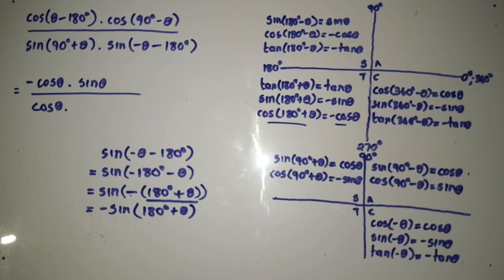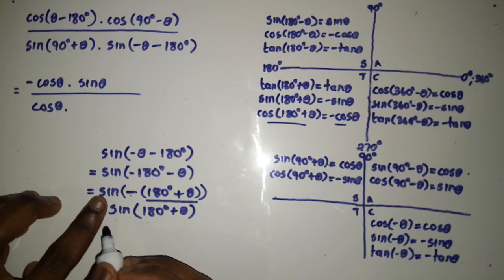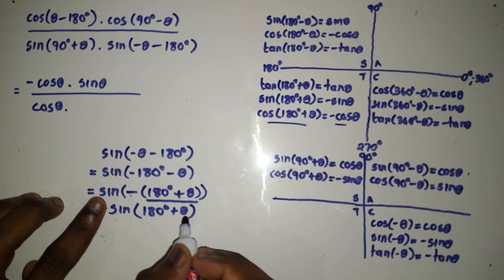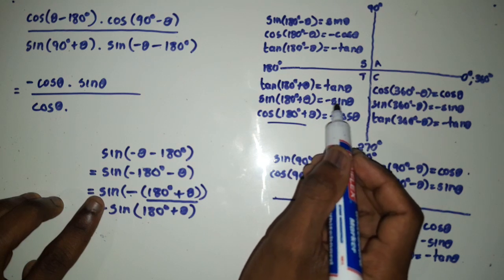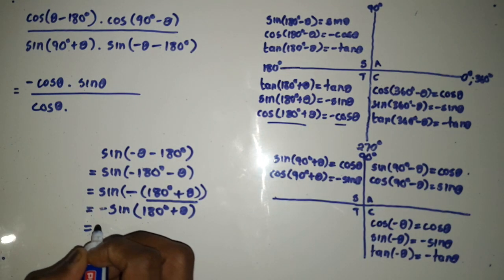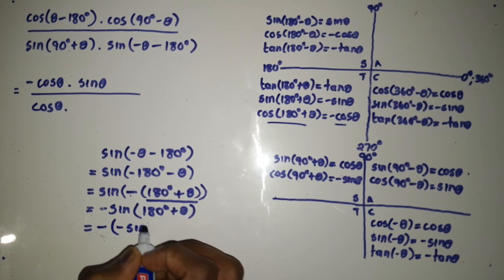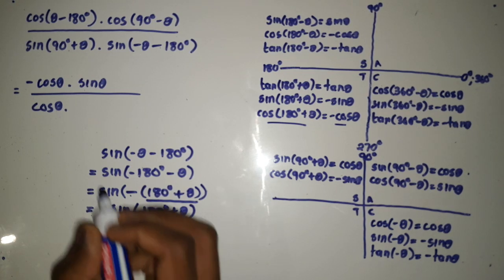Immediately after doing this, just hide this negative a bit and focus on 180 plus. For 180 plus, we get negative sine. It's going to be negative, close bracket, negative sine theta. Negative and negative give us positive sine theta.